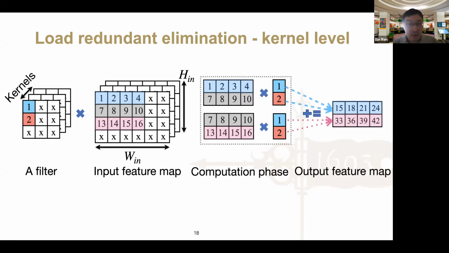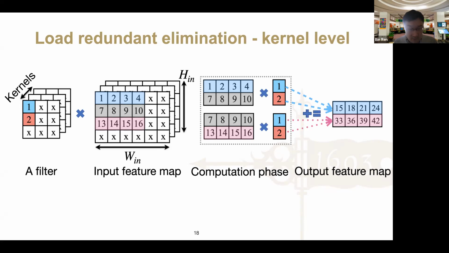Because it's a convolution operation, in the next round weight 1 will require the data in the second row, and weight 2 will require the data in the third row. Then we can see the data in the second row are reused by this computation and this computation.